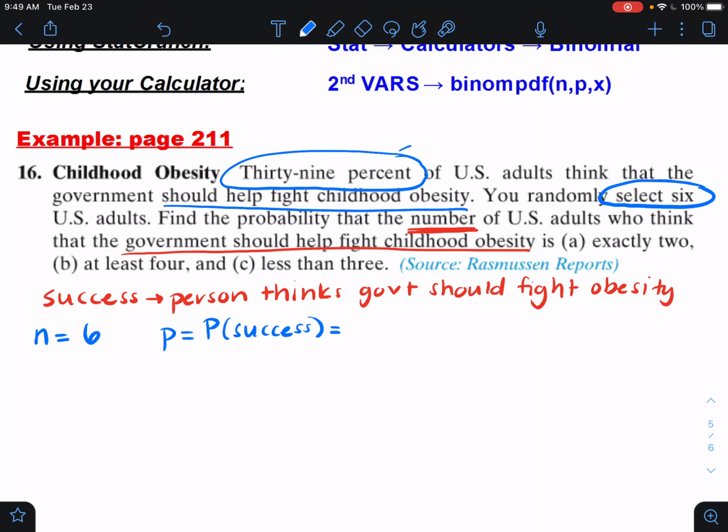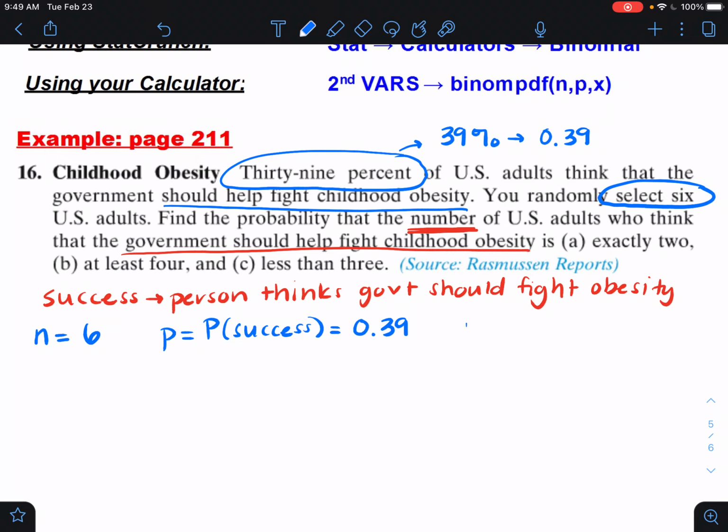And a percentage is a probability, right? We go back and forth from one to the next. So I'm being told right here at the beginning that the probability that a person will think the government should do this, that's my success, is equal to 0.39. So I don't have to calculate it in this case. It's right there.